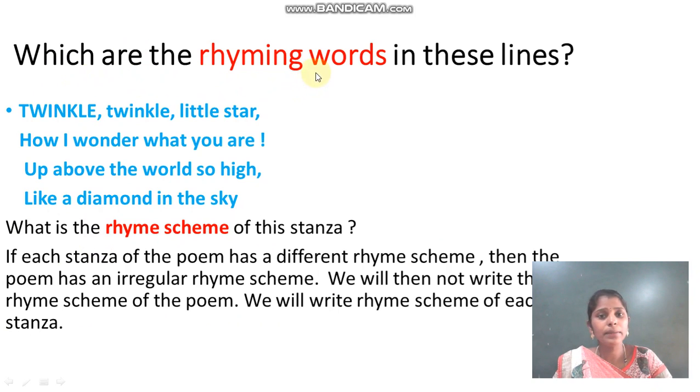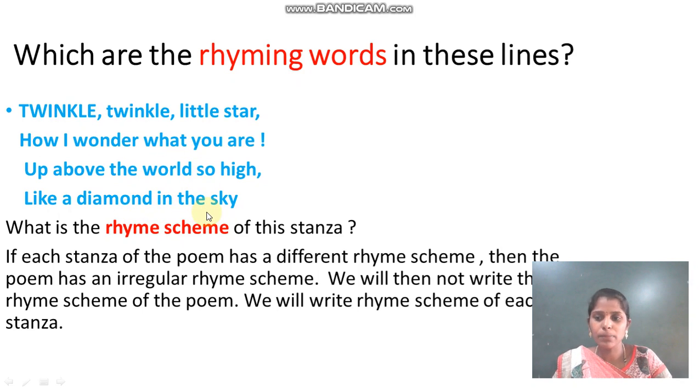Which are the rhyming words in these lines? I have given a small poem to get to know the rhyming words. Twinkle, twinkle, little star, how I wonder what you are. Up above the world so high, like a diamond in the sky.